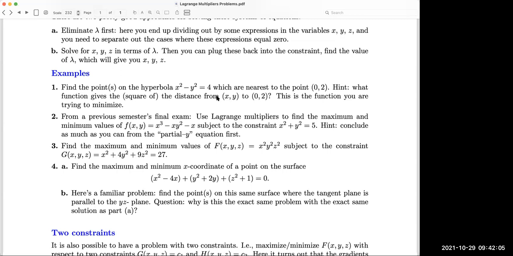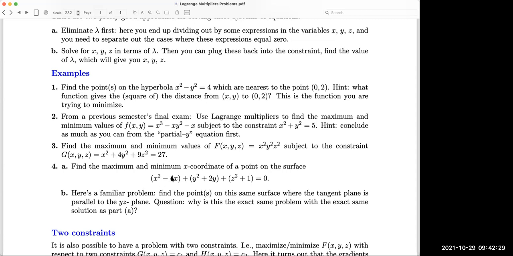Now, if you look at problem 4, it's kind of an interesting question. So I give you this surface. I'm just copying it out of the Notability. It turns out that this is a sphere.